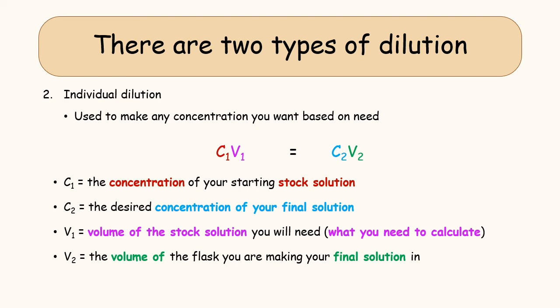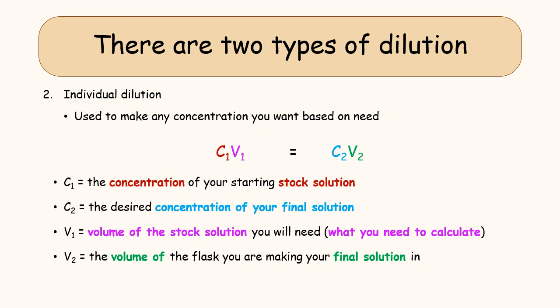V1 is what you're working out. It's how much of your stock solution are you going to need to add to your flask in the second one. And in order to know how much you're going to need to add, you need to know what volume your final solution is going to be, and that is V2.